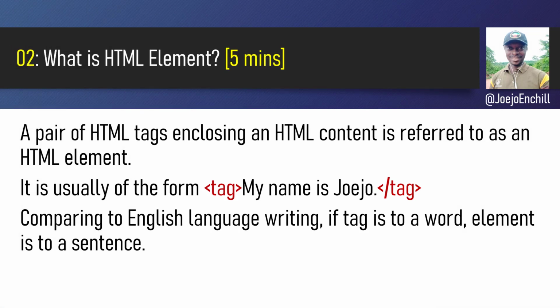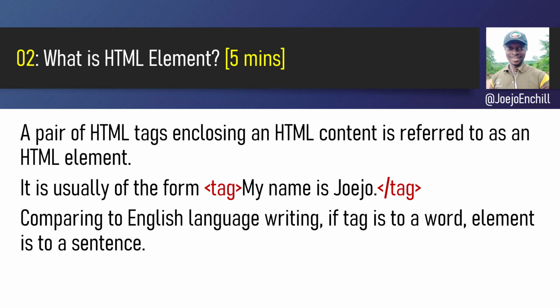Now let's look at what is an HTML element. As I said, HTML tags come in pairs, an opening and then a closing tag. That should inform you that in between these two tags, something exists. That is what we call the content. In fact, HTML content is actually what you see on the web page.